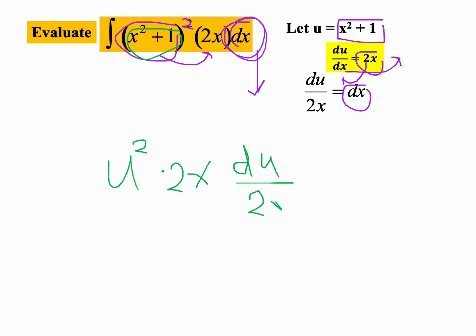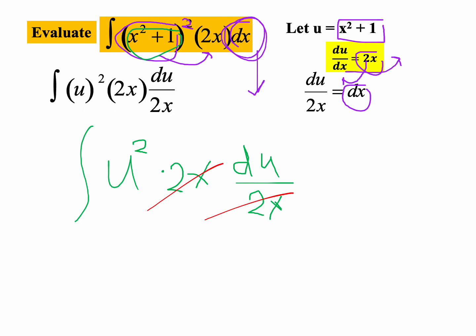So I got this integration, but still I have two variables. But I can easily cancel 2x with 2x to get the new integration. So again, when we have this integration, first we need to change the dx. After changing the dx, I cancel 2x with 2x. Then after canceling 2x with 2x, I will get a new integration which has only u.